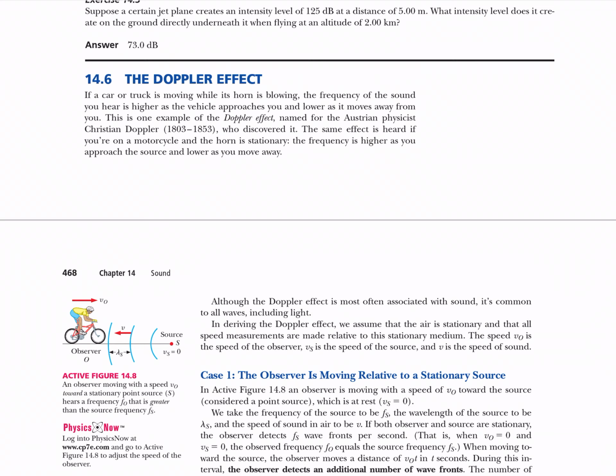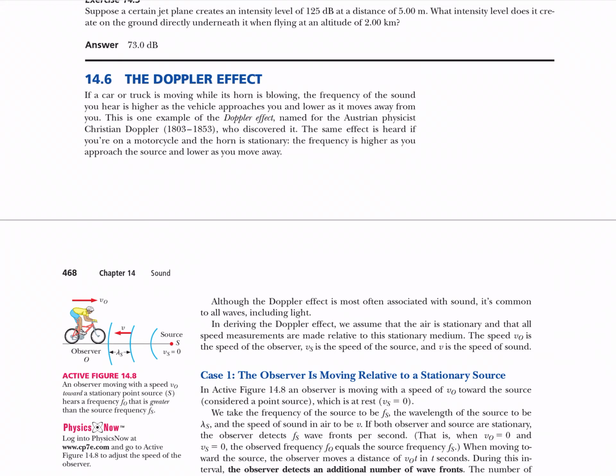By the way, higher frequency would mean higher pitch, more treble. If you're moving away from the source, the sound waves will arrive at your ears less frequently, which means you would hear it as a lower frequency. Lower frequency would mean lower pitch, so bass. Okay? So we got treble and bass, high frequency and low frequency, based on the motion between the observer and the source.